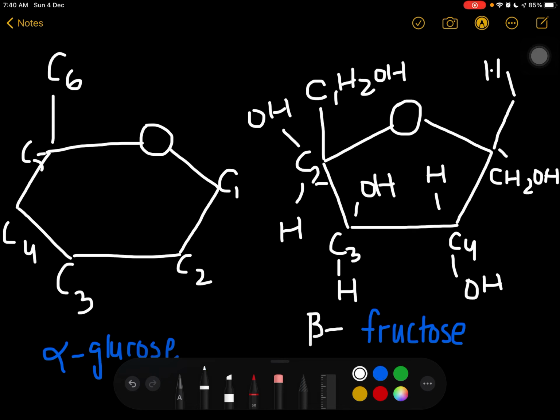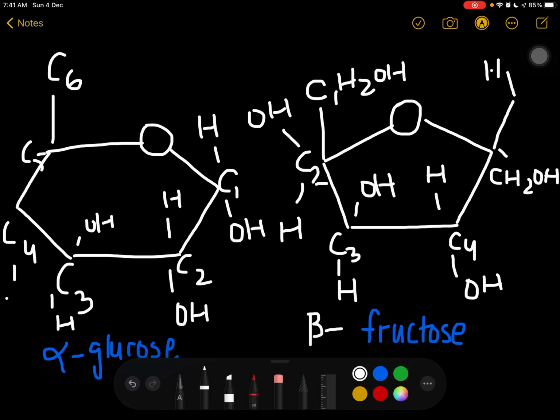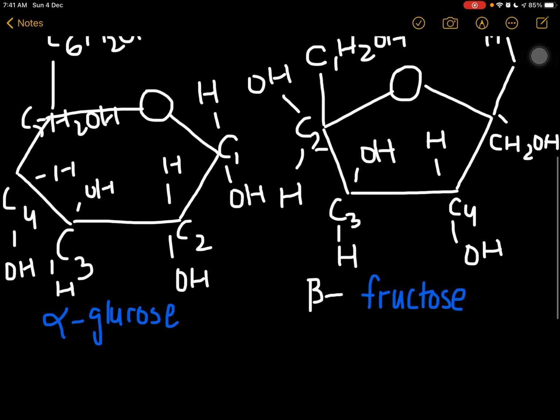So over here, this oxygen should have OH on this side and H like this, again OH, H, here H, OH, OH, H, here CH2OH. So this is the structure of glucose.